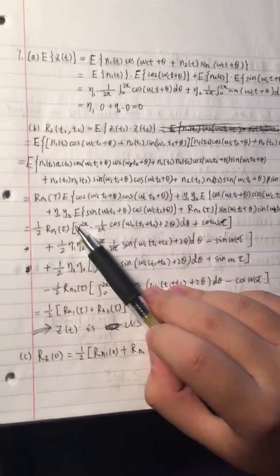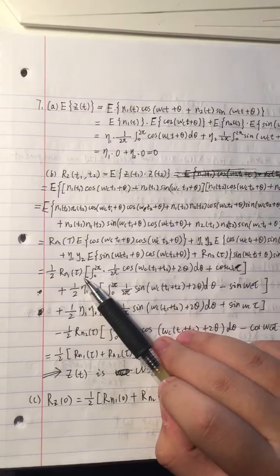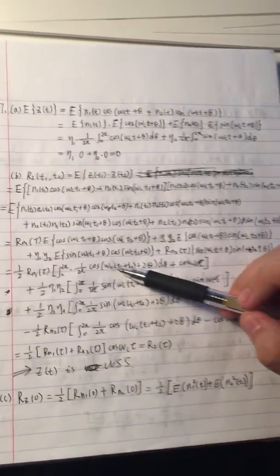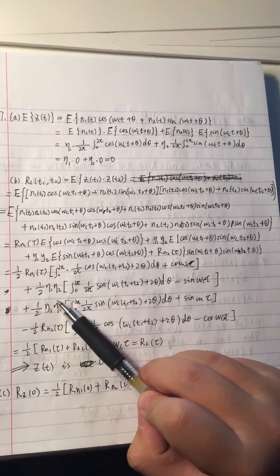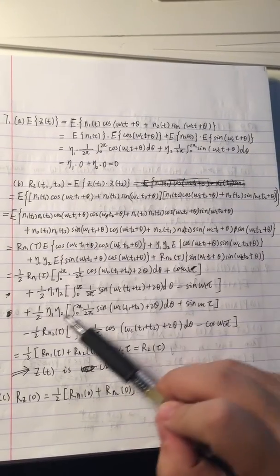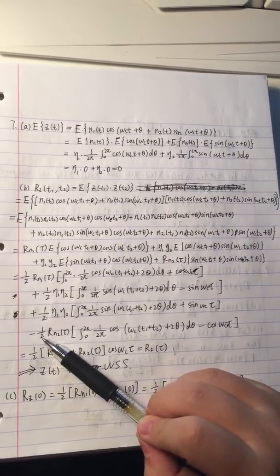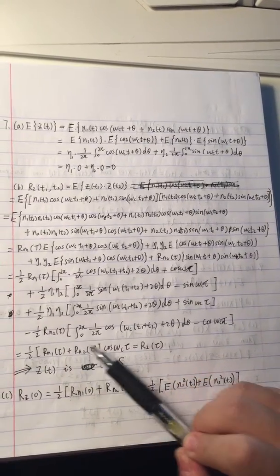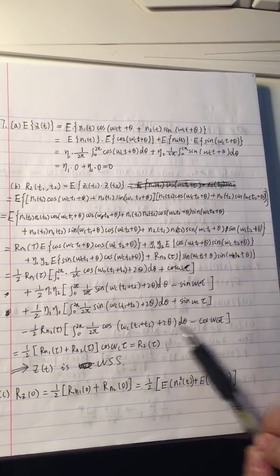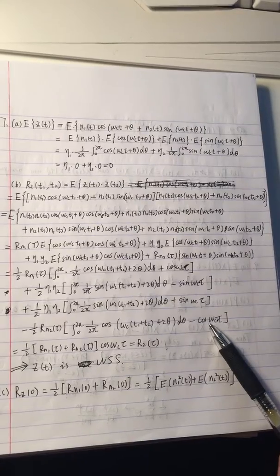When you get tau instead of t, that is this one, and plus half of eta 1 times eta 2 of this one, and plus half of eta 1 times eta 2 plus this one, and minus half of R_n2 tau of this one minus cosine omega c tau.